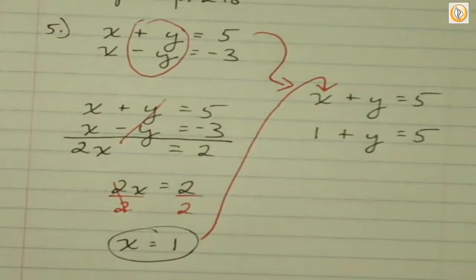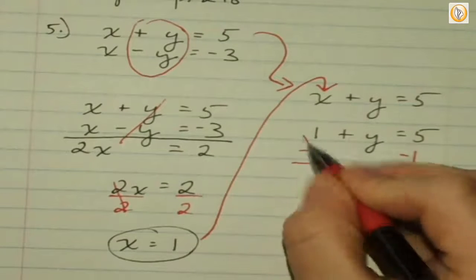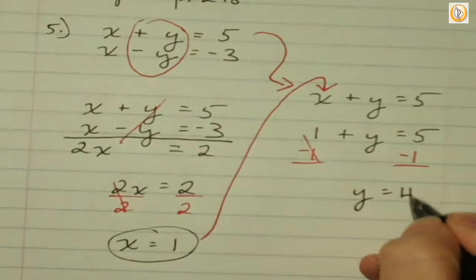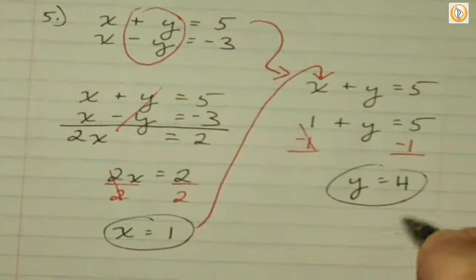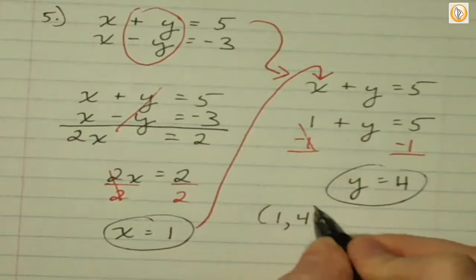Gabby, what do I do? You've got to subtract 1 from both sides. y equals 4. So then my answer is 1 and 4.